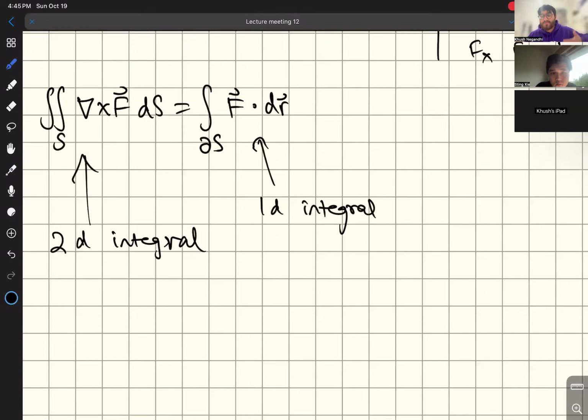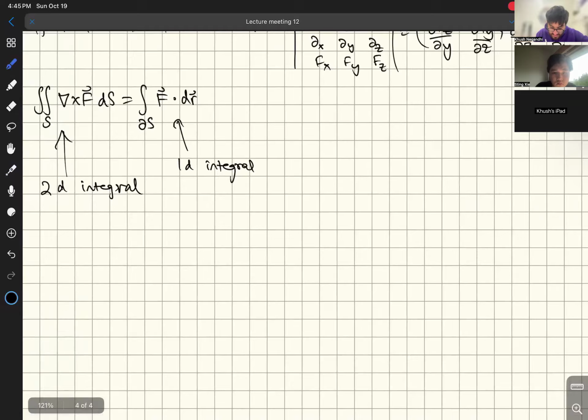And now we can ask ourselves, okay, can we keep going like this? Can we take the 3D integral of something and get a 2D integral of something? And the answer is yes. So this is called Stokes' theorem. There's also something called the divergence theorem, where you have the integral over a volume of the divergence of f.